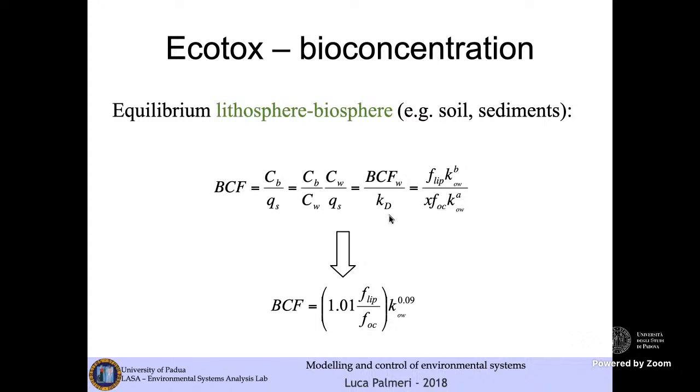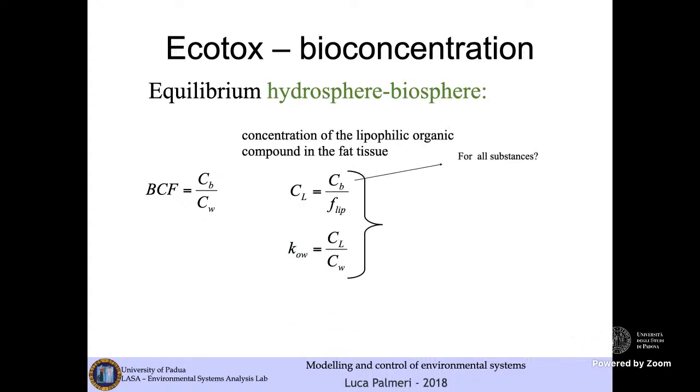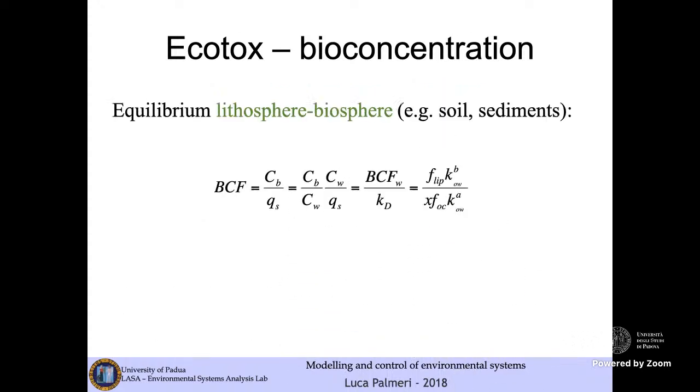Then if we put all these together, we obtain the bioconcentration factor in soil, the bioconcentration factor in the biota from solids. So here we are talking about the bioconcentration factor of biota from liquids. Here we are talking about the bioconcentration factor of biota from solids.